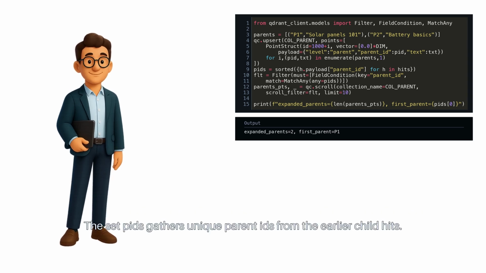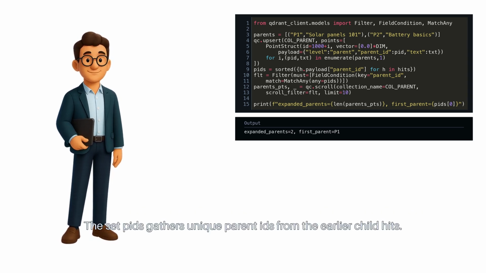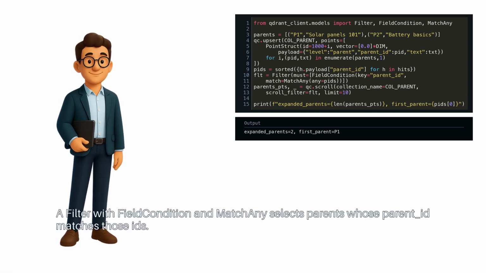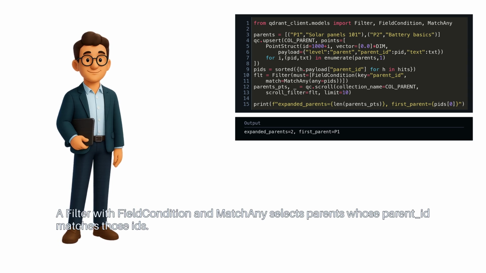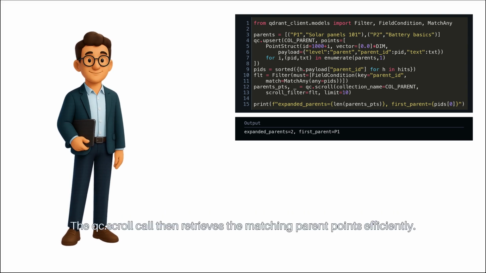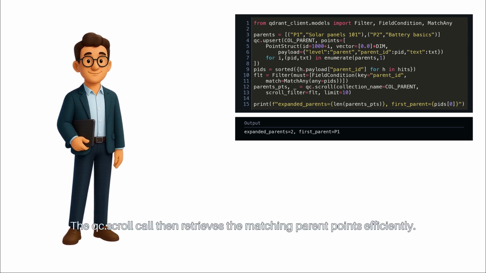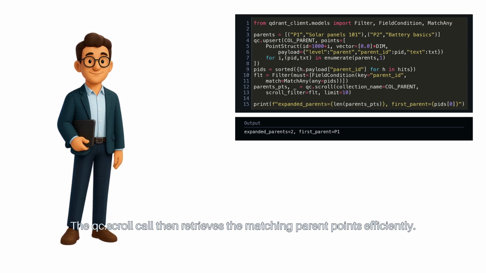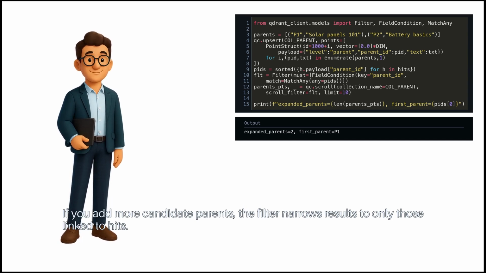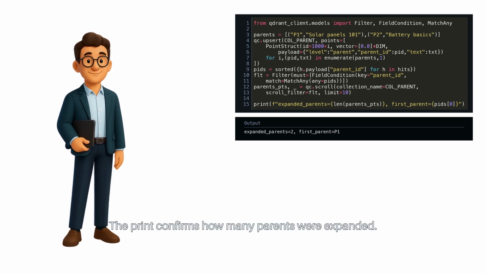The set pids gathers unique parent IDs from the earlier child hits. A filter with FieldCondition and MatchAny selects parents whose parent ID matches those IDs. The qc.scroll call then retrieves the matching parent points efficiently. If you add more candidate parents, the filter narrows results to only those linked to hits. The print confirms how many parents were expanded.